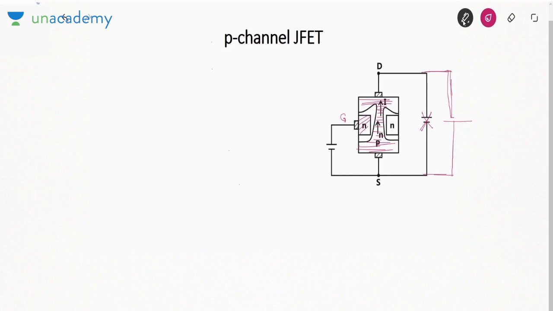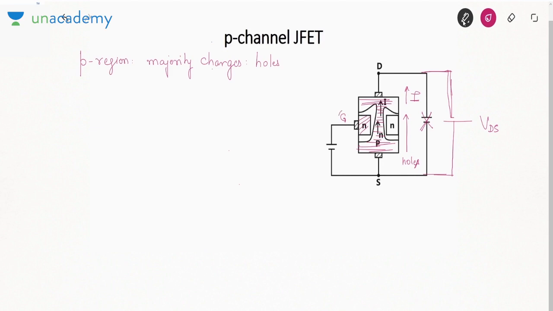So when we talk about P region, what are the majority charge carriers? Majority charges are holes. If majority charges are holes and you have applied positive voltage at the source, holes will be injected like this. Holes will go like this, and if holes are going from source to drain, the current will also go from source to drain.